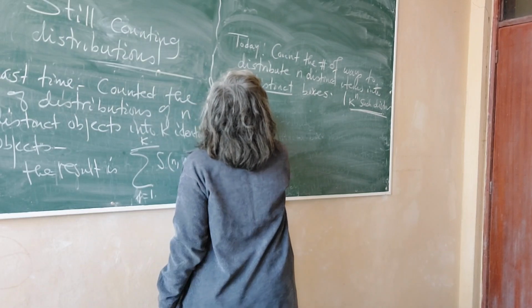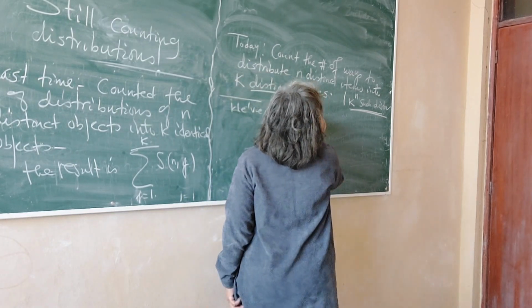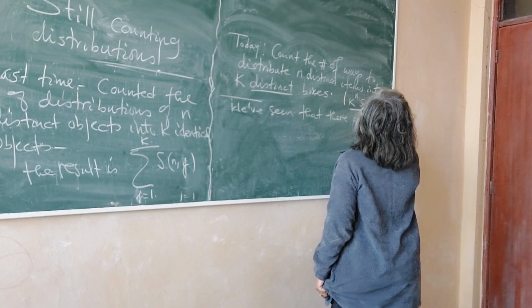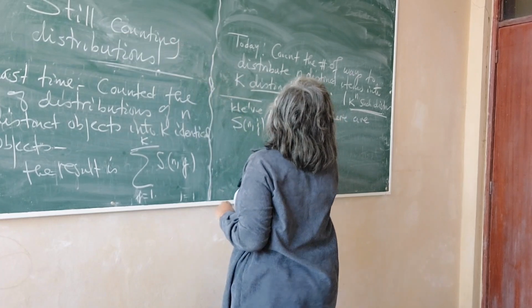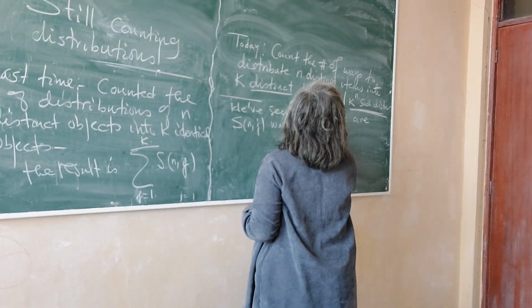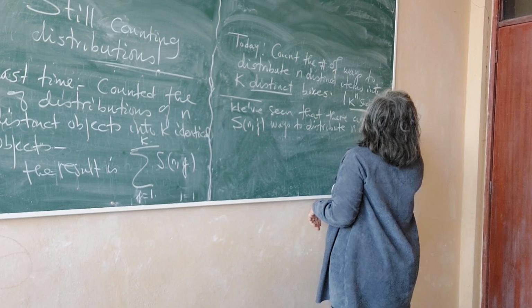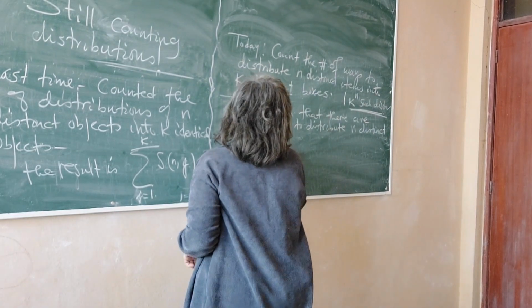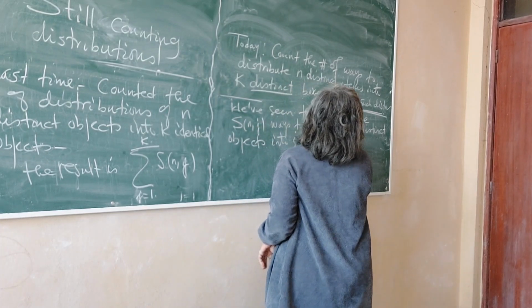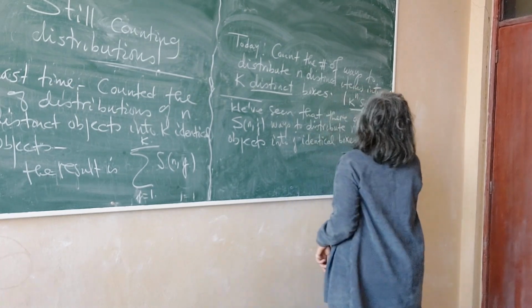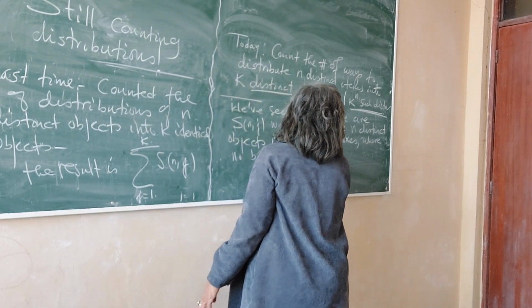We have seen that there are S(n,j) ways to distribute n distinct objects into j identical boxes where no box is empty after a distribution.